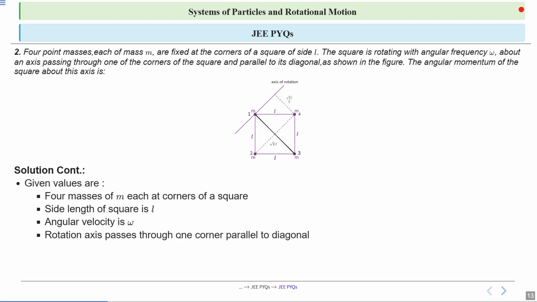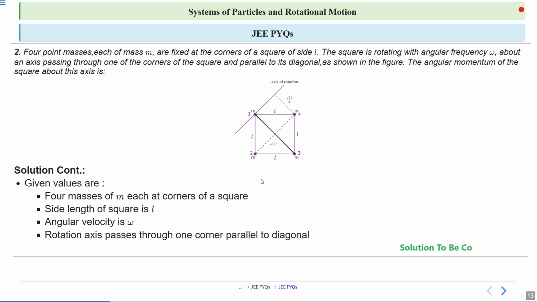The rotation axis passes through one corner, parallel to the diagonal. So look here, the axis of rotation is this one, passing through the first mass, and the diagonal is this one. So both are parallel.